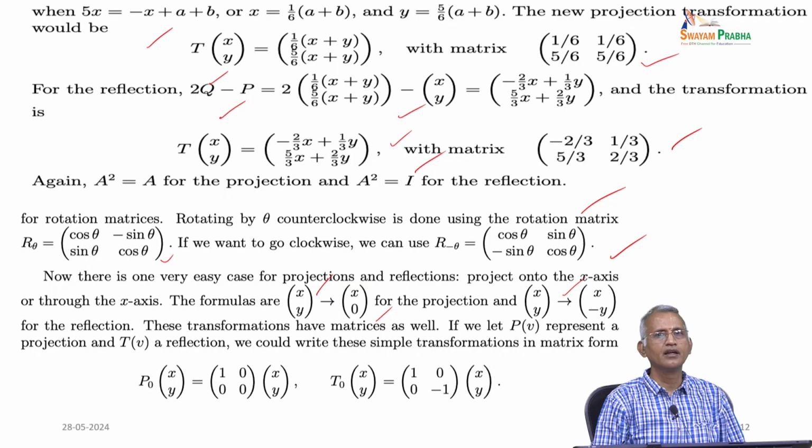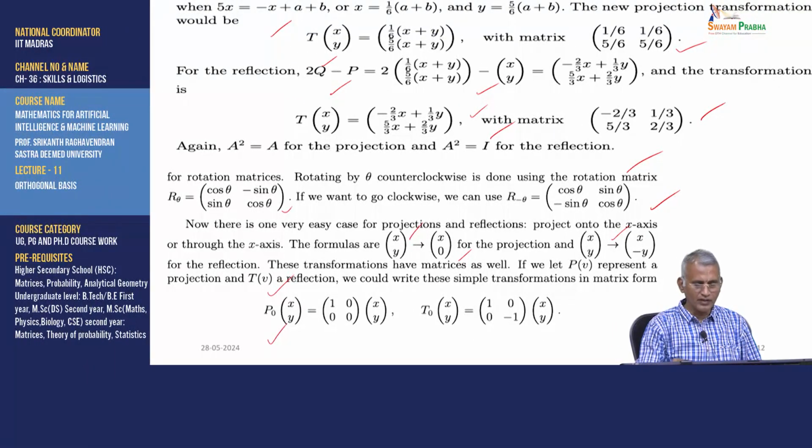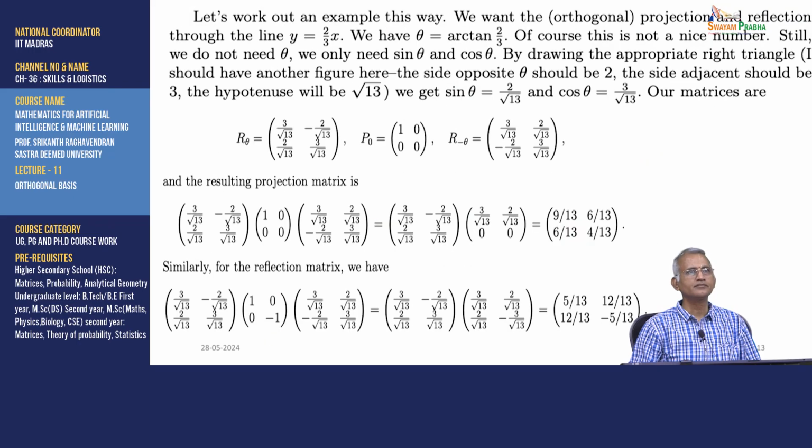If we let P naught represent a projection and T naught a reflection, we could write these simple transformations in the matrix form P naught of (x, y) equal to 1 0 0 0 times (x, y) and T naught of (x, y) equal to 1 0 0 minus 1 times (x, y). So, this is the meaning of transformation from one point to another. P represents projection and T represents reflection.